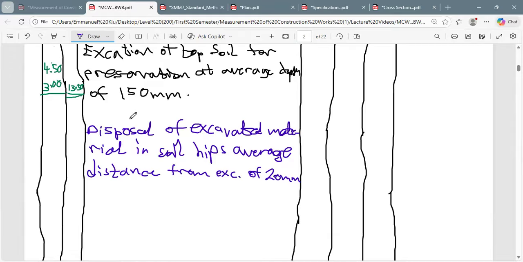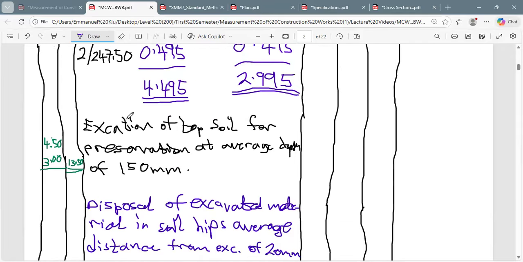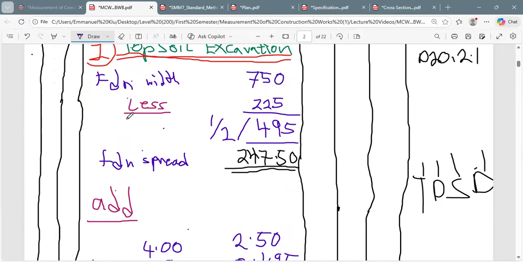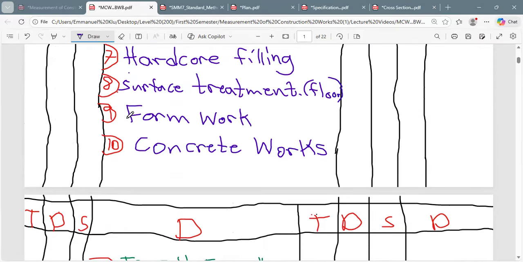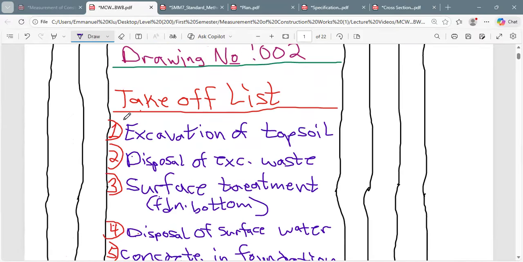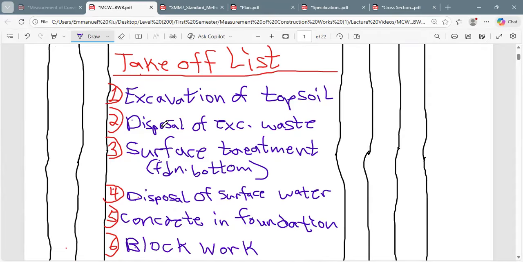I think that will be in the tray, for the disposal of surface water and the disposal of excavated waste. We have already spoken about it in the topsoil excavation already. So that is it already for the two.